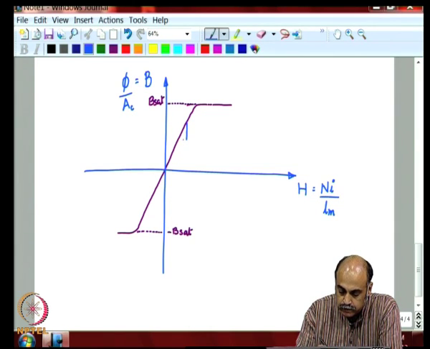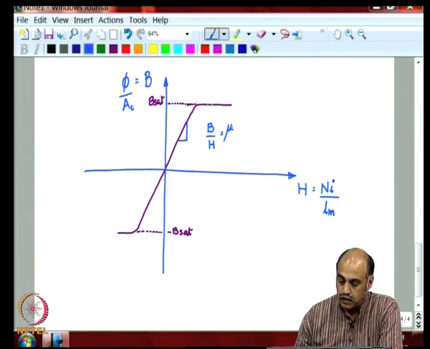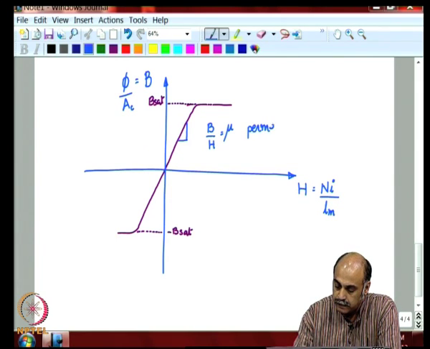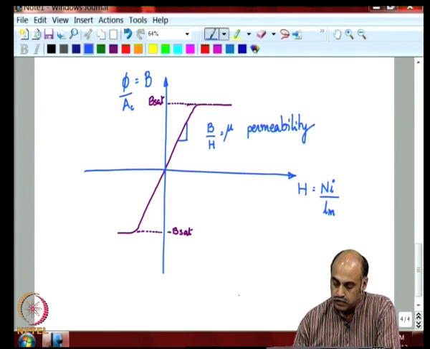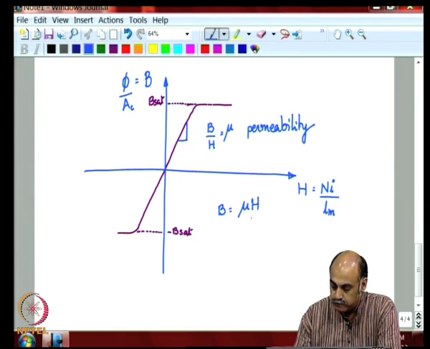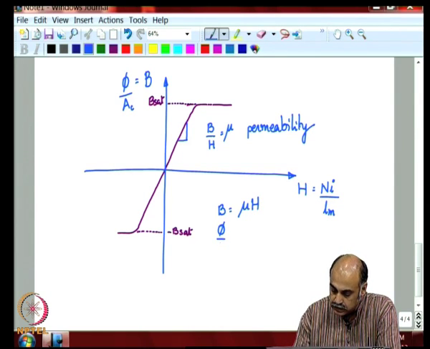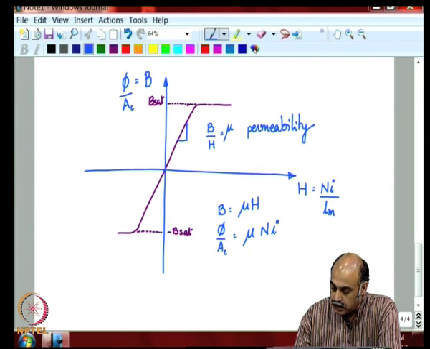Now, this slope B by H is called mu, the permeability. Now, B, which is equal to mu H, is nothing but flux divided by the area of cross section of the core, which is mu Ni by Lm.